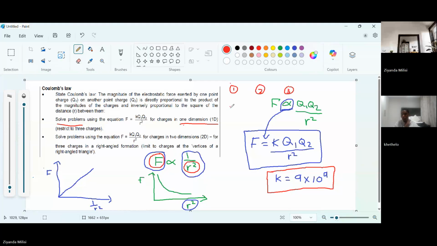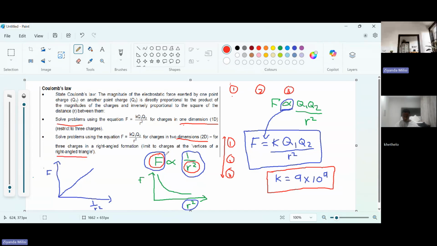Let's say we've got charge 1 here, charge 2, and charge number 3. You can see these ones are along the vertical axis, and these ones are along the horizontal. This is 1 dimension. If we talk now of solving problems in 2 dimensions, also limited to 3 charges, they are at the vertices of a right-angled triangle, only a right-angled triangle.